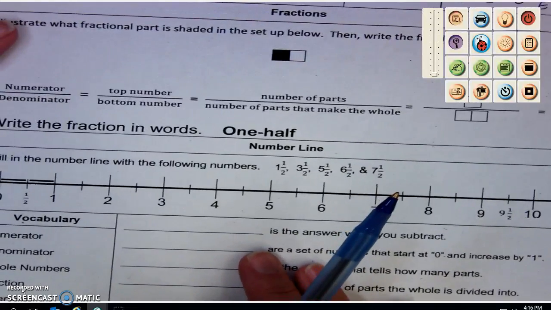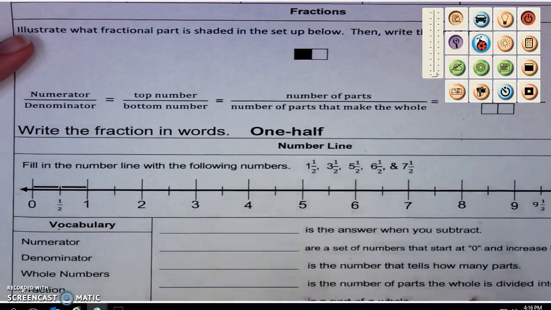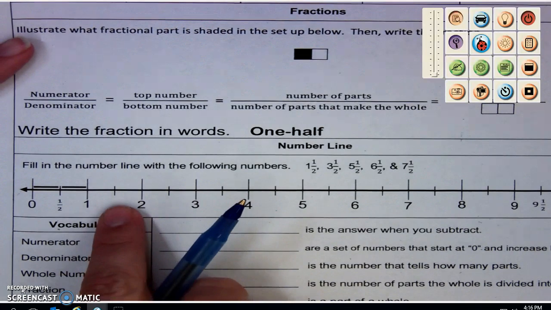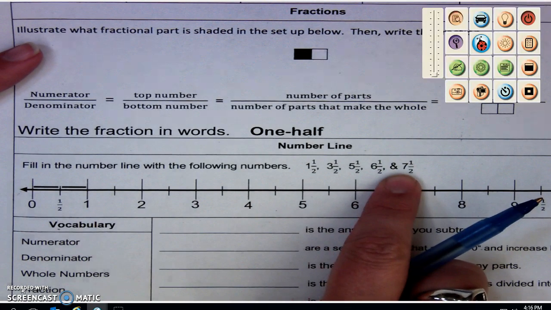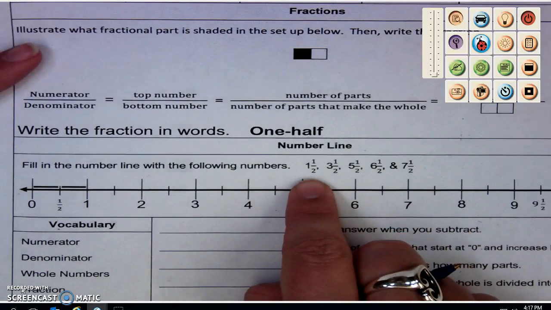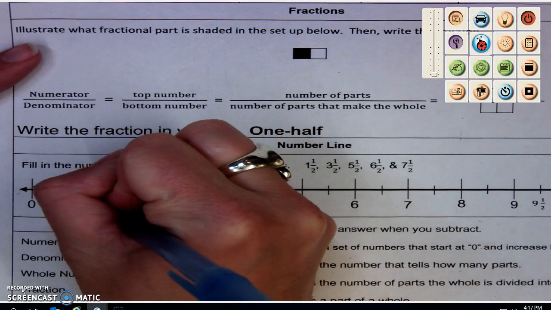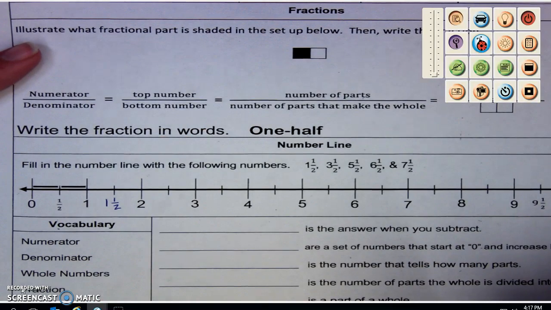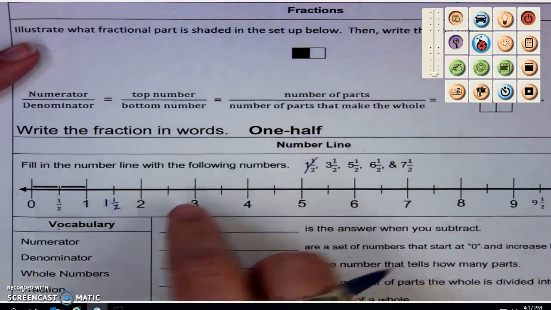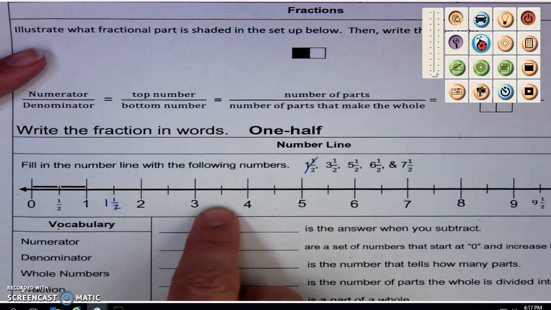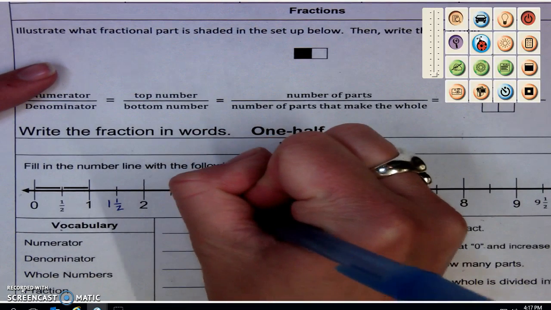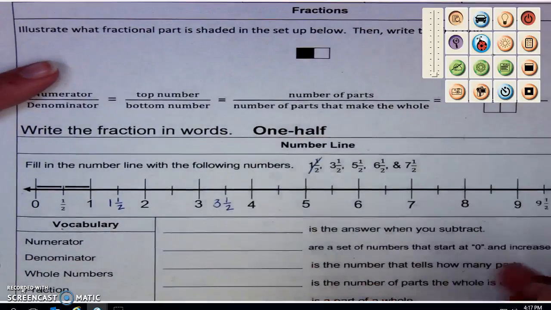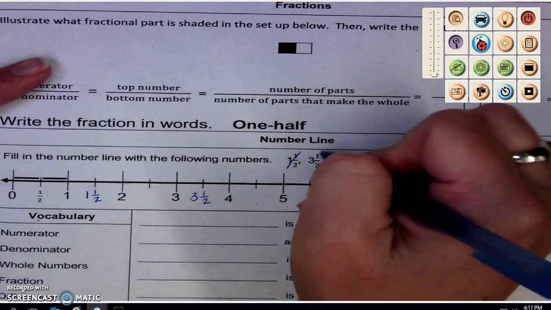Okay, on to the number line. We're going to look at fractions with the number line as well. All we're doing is we're filling in these on top. So this is 1.5. So 1.5 is in between 1 and 2. So this would be 2.5. So here is 3.5. It is in between 3 and 4.